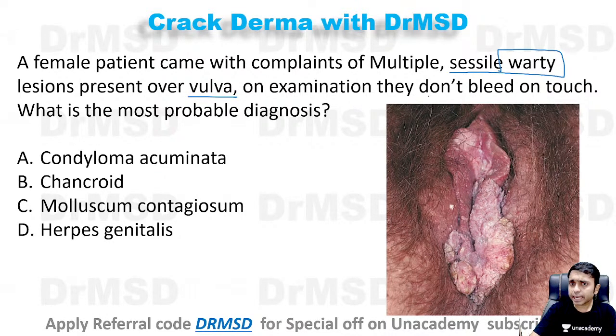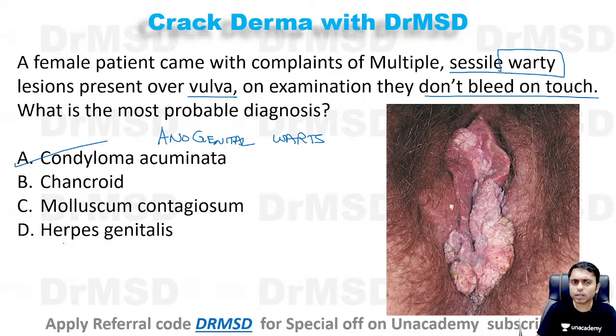On examination they do not bleed on touch. What is the most likely diagnosis? So these are anogenital warts, which are caused by human papillomaviruses, and the name given to the anogenital warts is Condyloma acuminata.